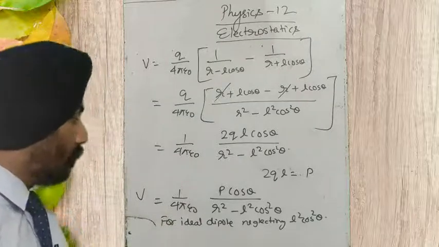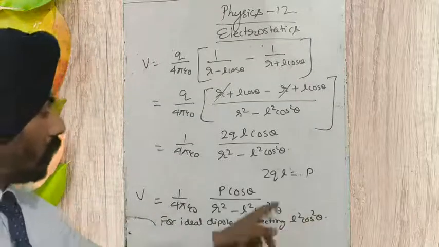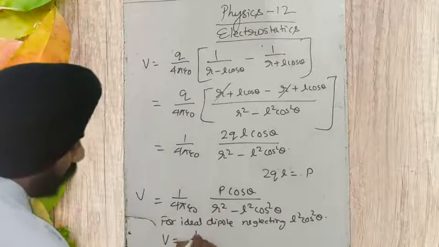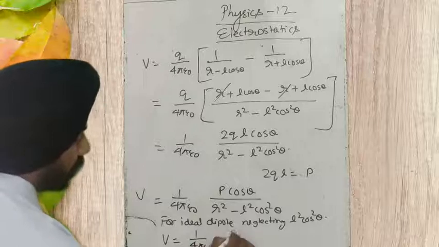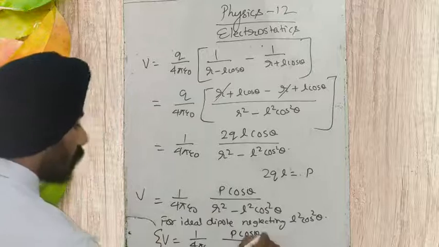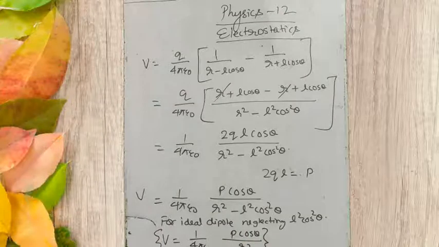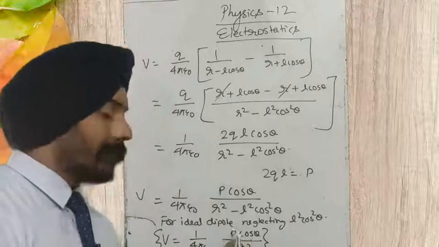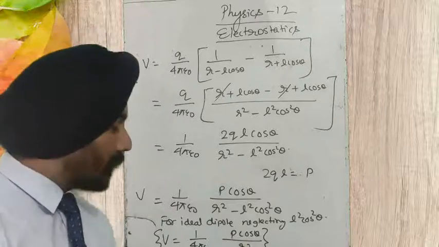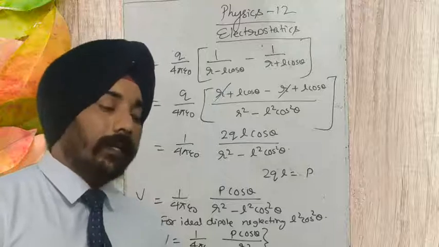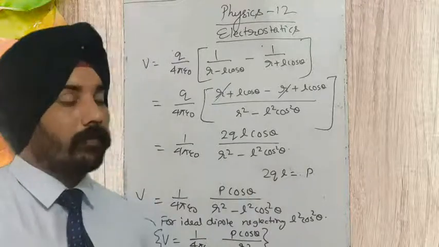So the final equation is 1 upon 4 pi epsilon naught, P cos theta upon R square. Using this equation, we can calculate the electric potential at any point on the axial position, as well as at the perpendicular bisector of the dipole.